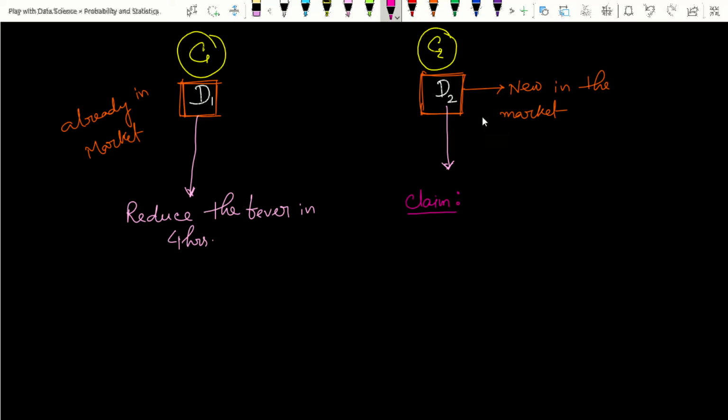Company 2, which built drug 2, claims that this drug reduces the fever faster than D1. They have claimed this.